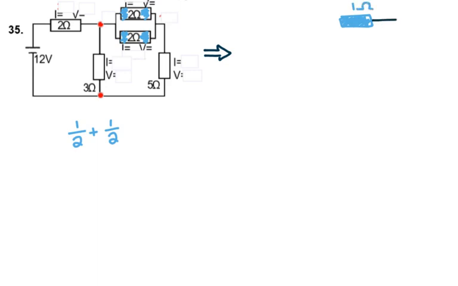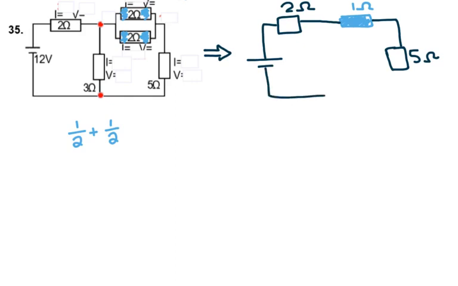Then I have the last resistor, which is 5 ohm resistor. And then I have 2 ohm resistor and 12 volt battery. And then we have 3 ohm resistor and 12 volt battery.